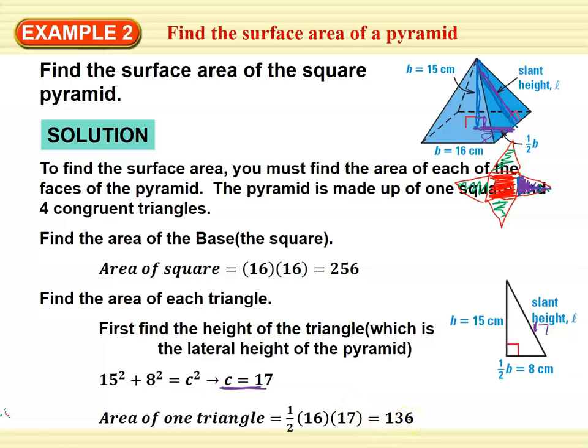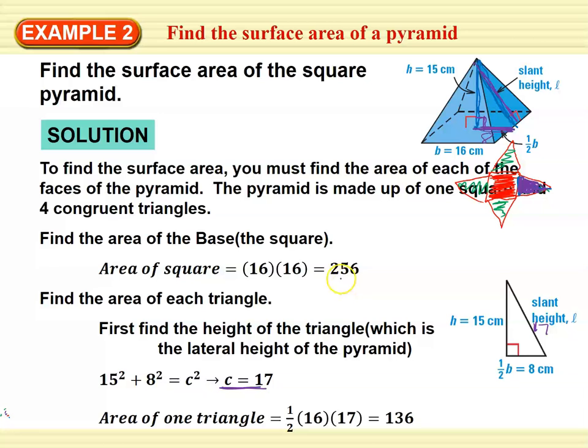Okay, so now we know that the area of this square is 256. The area of one of my triangles is 136. And now I just need to combine that and make sure that I don't just count one triangle, but I count 4 triangles.